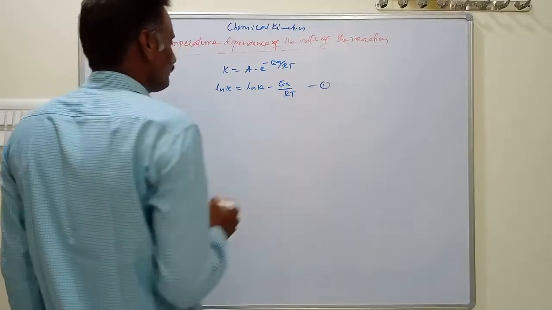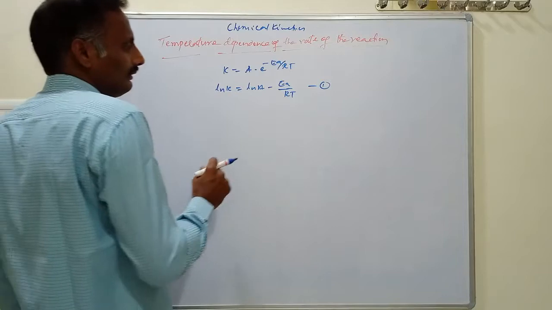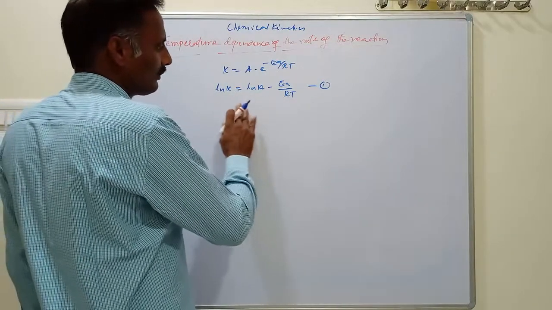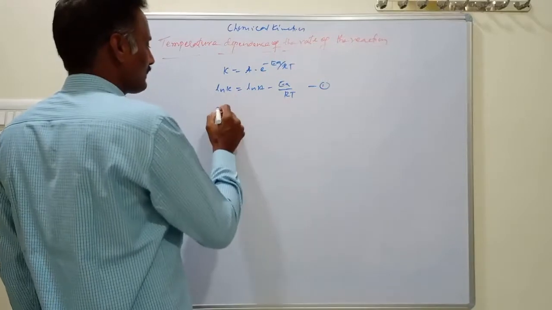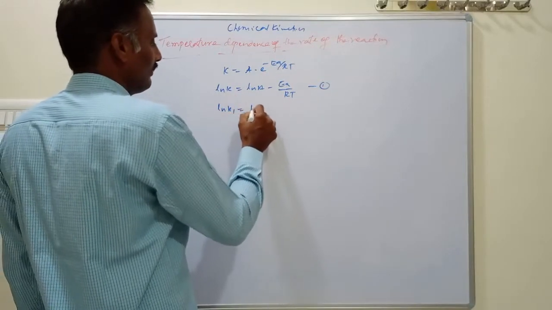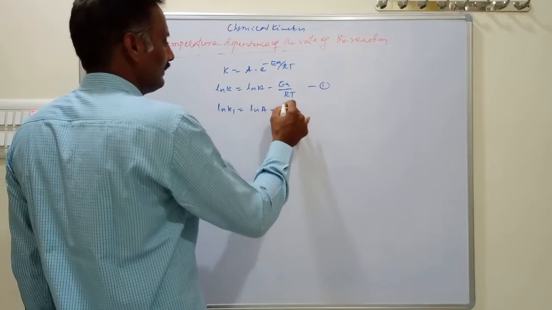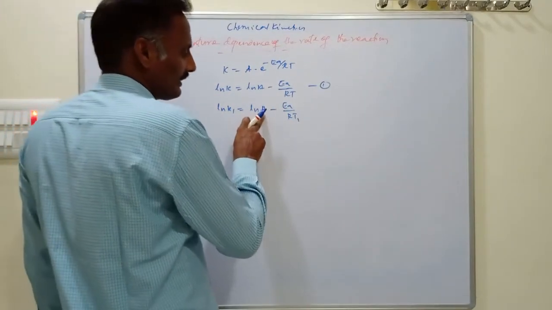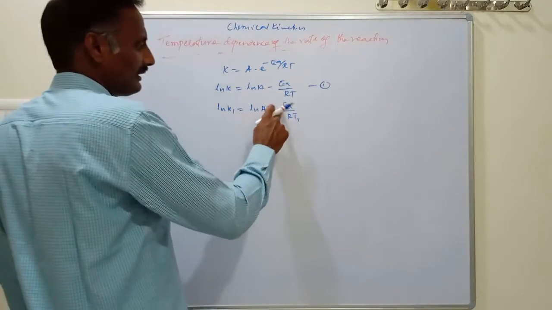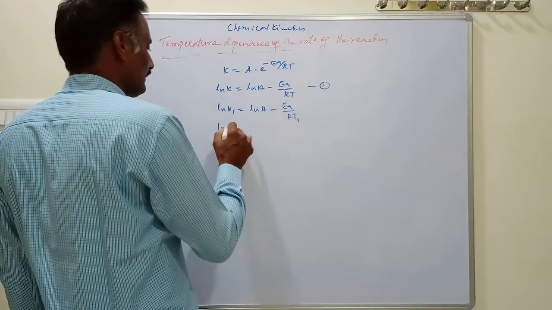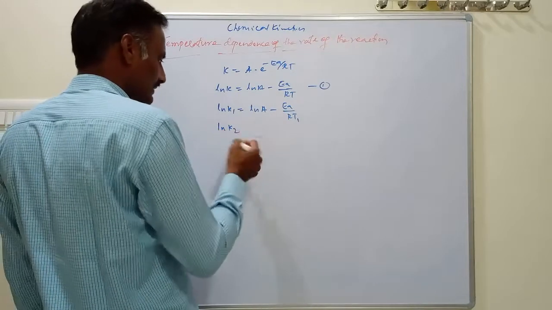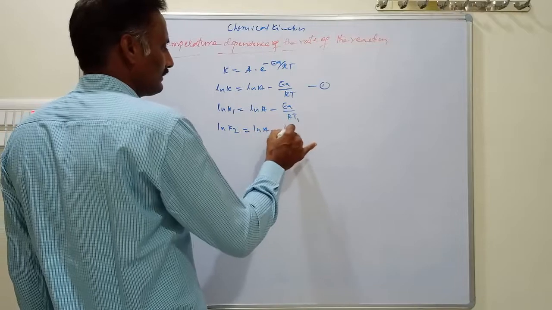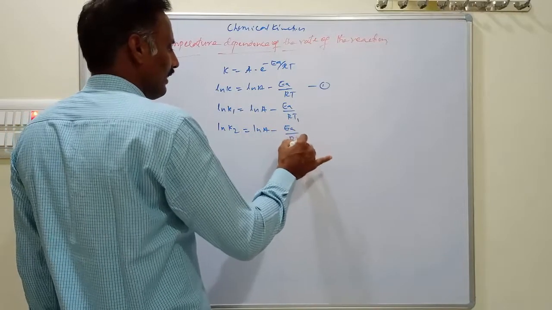This is equation 1. When this equation is used at two different temperatures, it becomes ln K1 equals ln A minus EA by RT1. For a particular reaction, the A value is constant. At a higher temperature, ln K2 equals ln A minus EA by RT2.